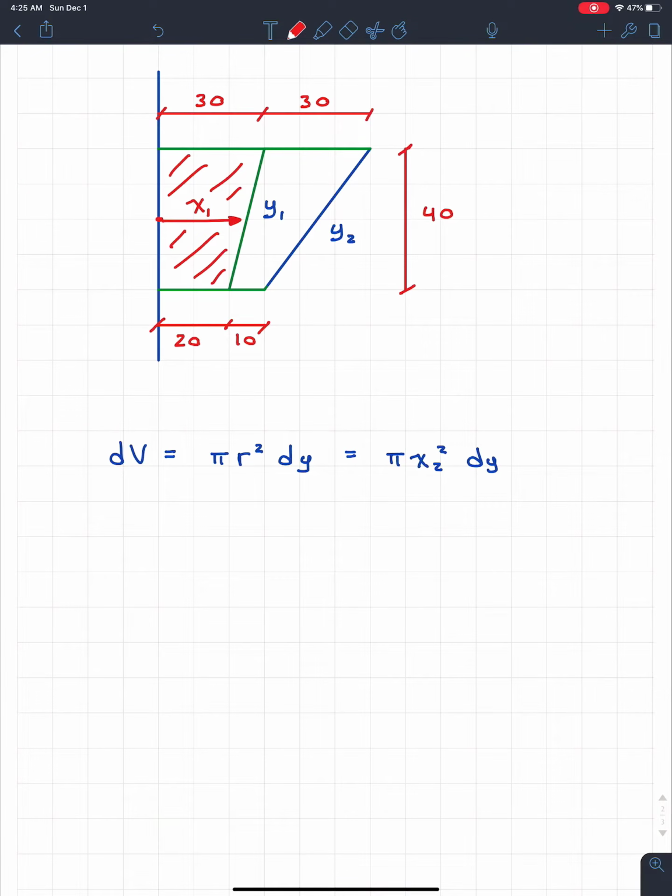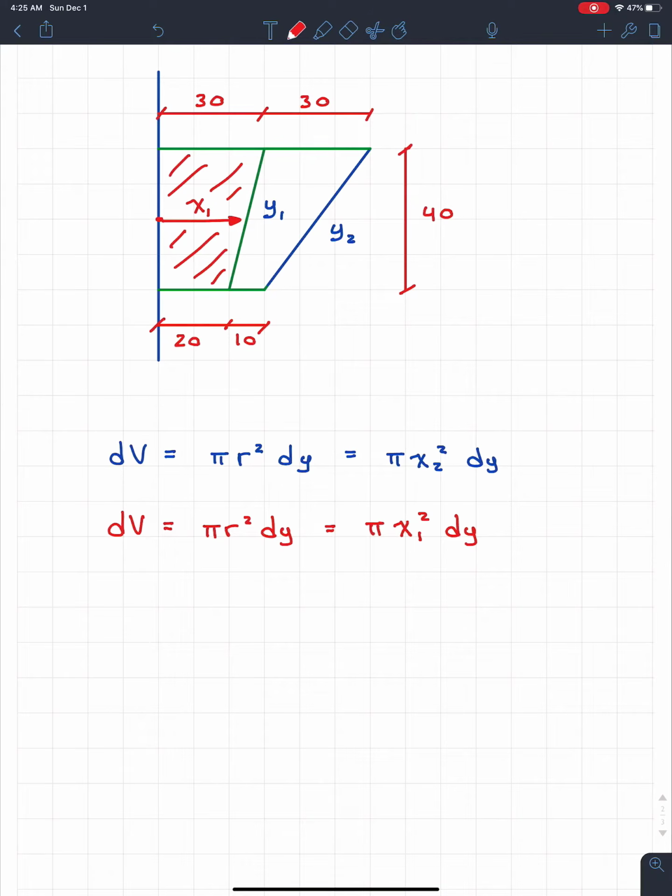So now we can find the area of this region, which I'll highlight in red. That dV is going to be equal to pi r squared dy, because it's still that cylinder shape, but in this case it's pi x1 squared times dy.